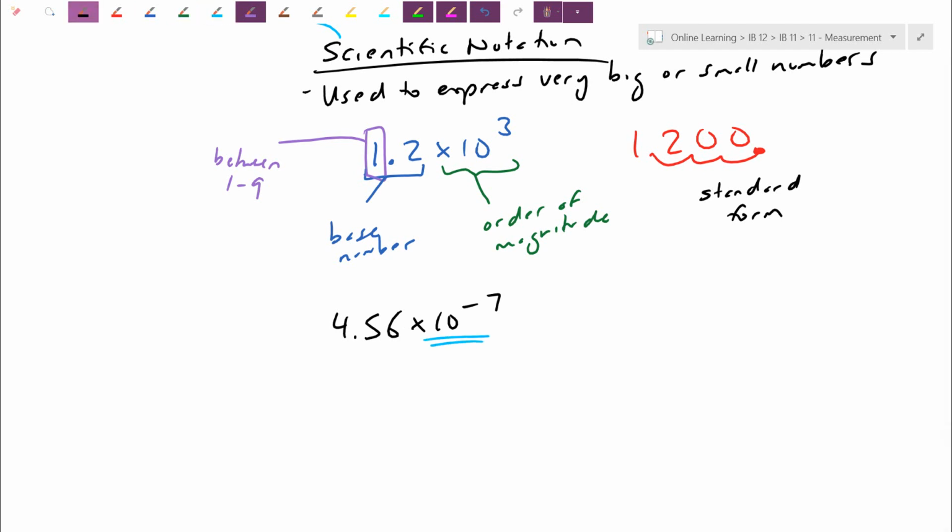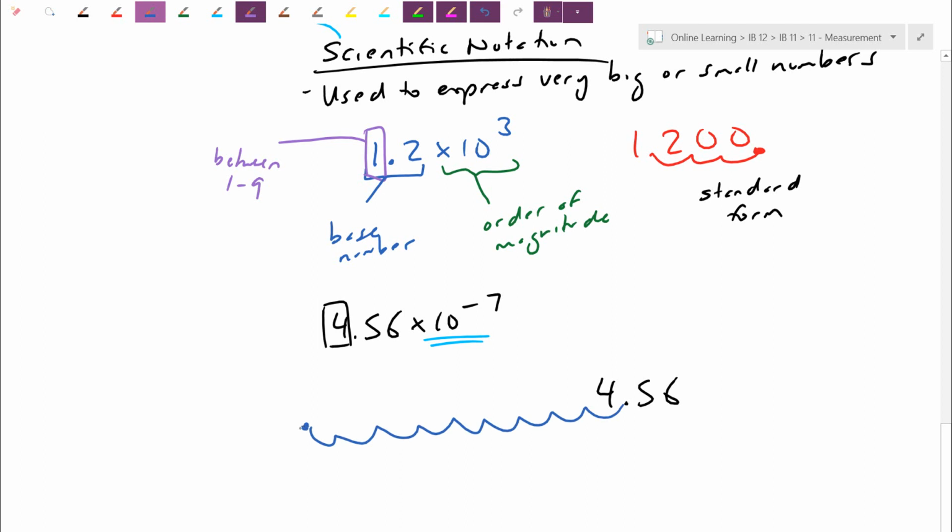So it means take the 4.56, good, the first digit is between 1 and 9, but take that decimal and move it 7 times to the left. Imagine going 1, 2, 3, 4, 5, 6, 7, 8, 9. I definitely don't want to draw that number all the time. Anything that I pass by has been a 0, so we're actually talking about that number there. So it's used to express a very tiny number.